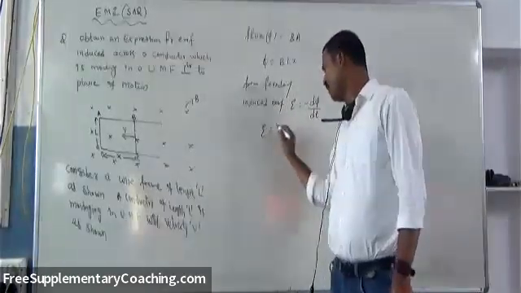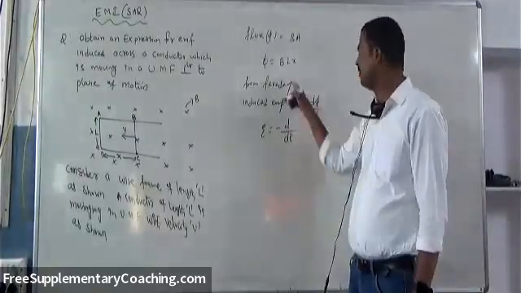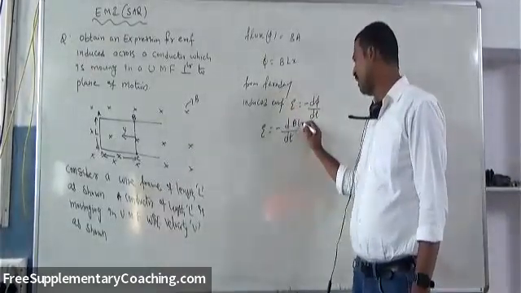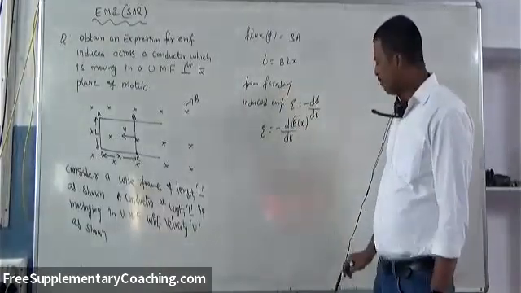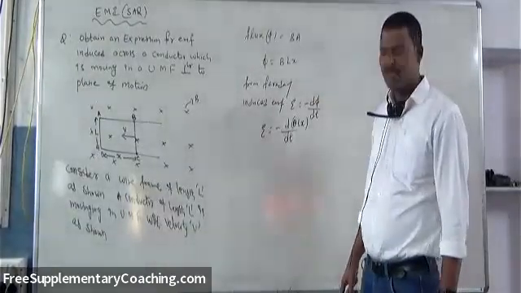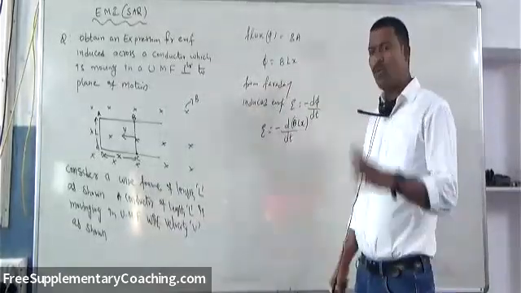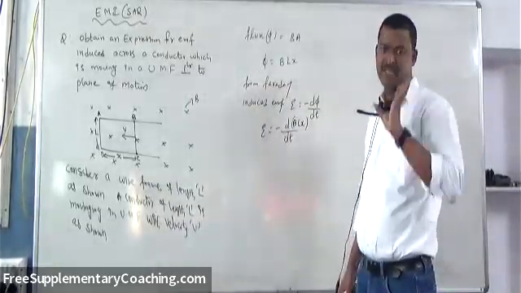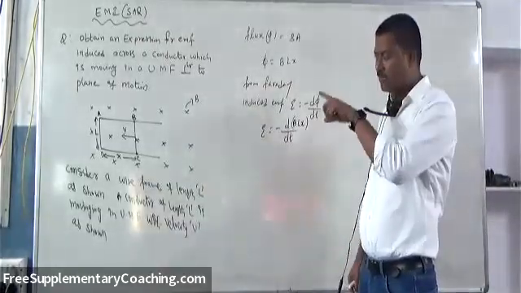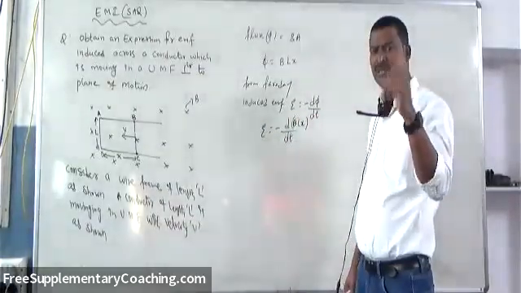So this induced EMF E is equal to minus d by dt of phi, which is B into Lx. B is a constant magnetic field we consider, and L is the length, which is also constant. Only X is changing because of the moving conductor. When conductor BC is moving in a uniform magnetic field, as per the diagram, X is decreasing, so the area is changing.